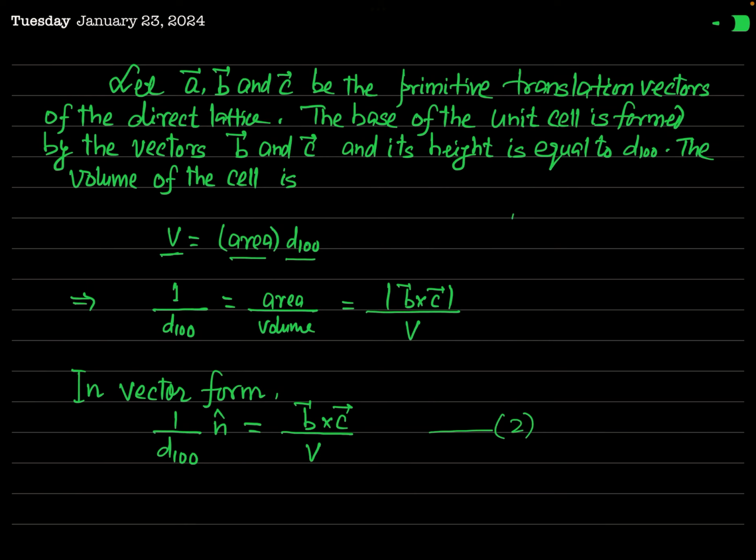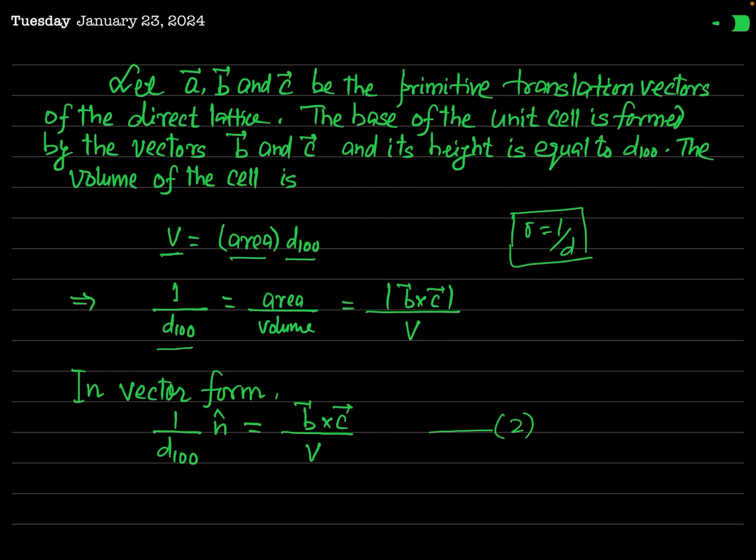And as our aim is to find the reciprocal lattice vector, whose magnitude is actually reciprocal of the interplanar separation, so from here you can easily find what will be 1 over D1, 0, 0. This will be area divided by volume.